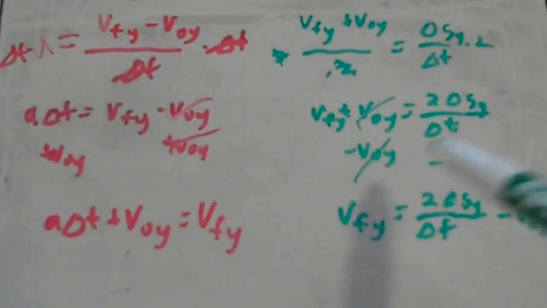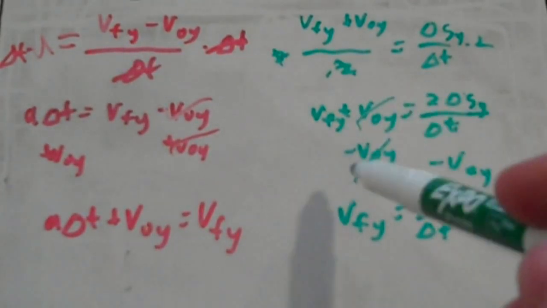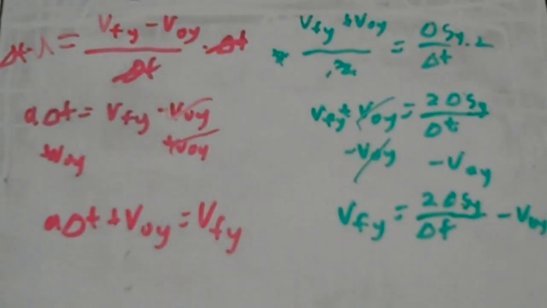Then I subtracted the initial velocity to both sides, so these velocities cancel. So now we have the final velocity equals 2 times the change in position over the change in time minus the initial velocity. And since both of these equations equal the final velocity, I can set them equal to each other and then solve from there.